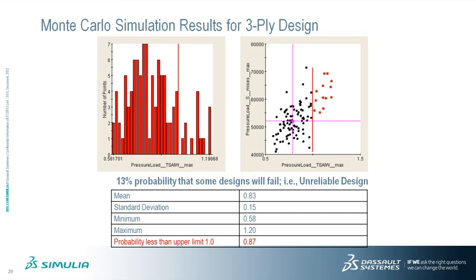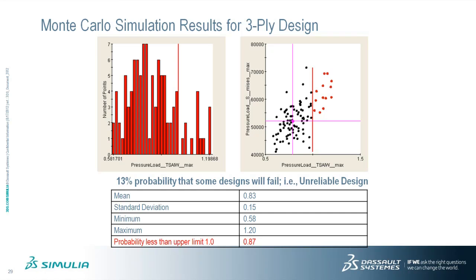Remember, it passed our SIWU failure index. This red line is a SIWU failure index of 1. Our initial design was at 0.8. And you can see when we introduce these variations, we get a large scattering of performance of this composite winglet. And you also notice that we have multiple designs that now fail.